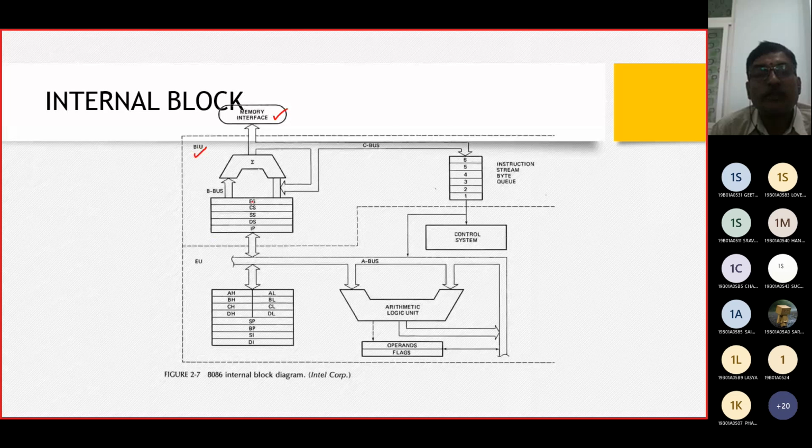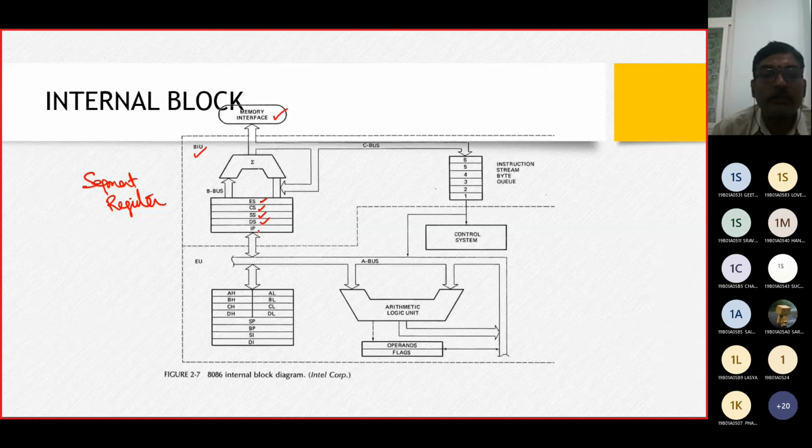In this bus interface unit, it is going to have segment registers. These segment registers, we told, are extra segment, code segment, stack segment, data segment. And in order to find the effective address, we are going to use the instruction pointer.